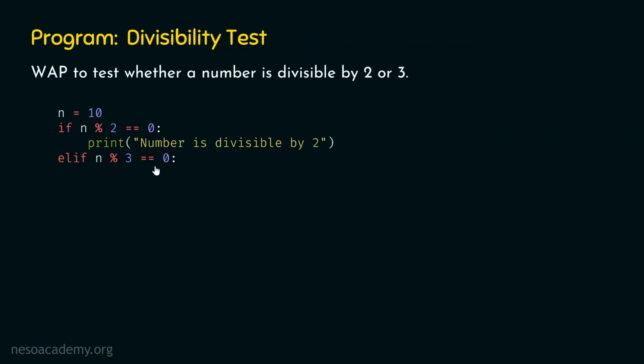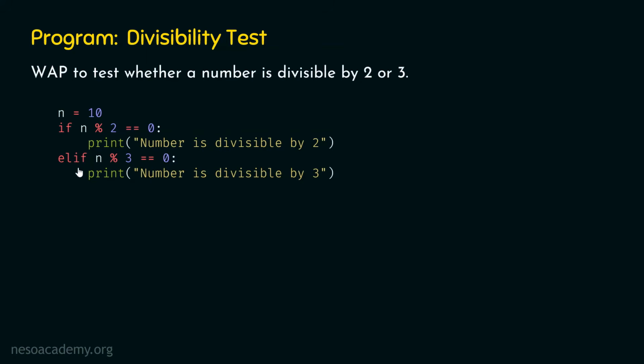And if the remainder turns out to be 0, then we will print number is divisible by 3. So if the number is not divisible by 2, then we will check this condition: is the number divisible by 3? If it is the case, then this message will be printed on the screen. Here we are using elif because after the if check, we can go ahead with the elif check.